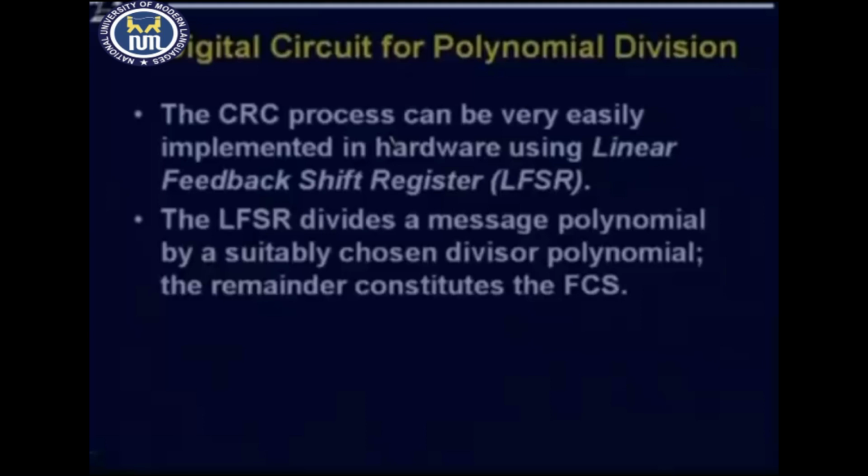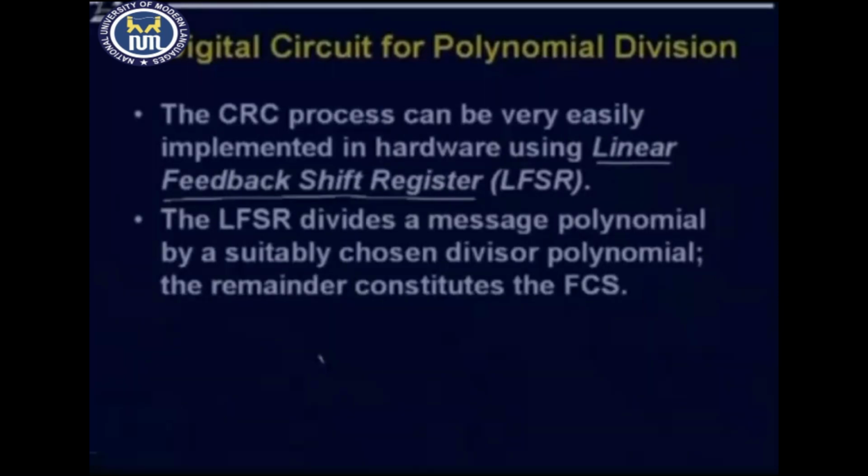Now, how do you really perform the division in reality, using the electronics at the receiving and transmitting ends? This can be done using a hardware called a linear feedback shift register, LFSR, which has a feedback. This register can be used to generate the frame check sequence of the CRC. Also at the receiving end, it can be used to check whether the received information is correct or not.